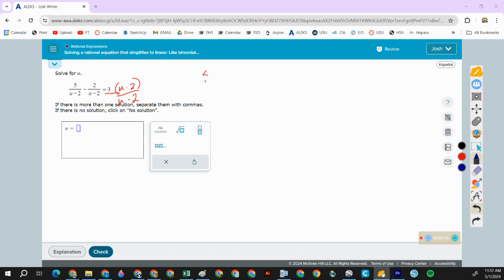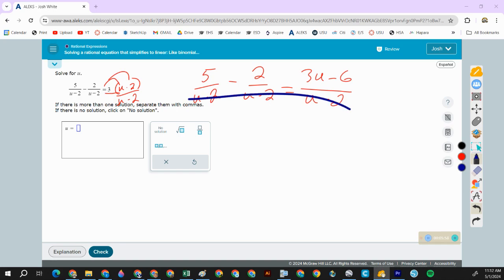So that gives me 5 over u minus 2 minus 2 over u minus 2 is equal to, distribute the 3, 3u minus 6 over u minus 2. Now that everything is over u minus 2, I can get rid of that as long as I remember u is not allowed to be 2.